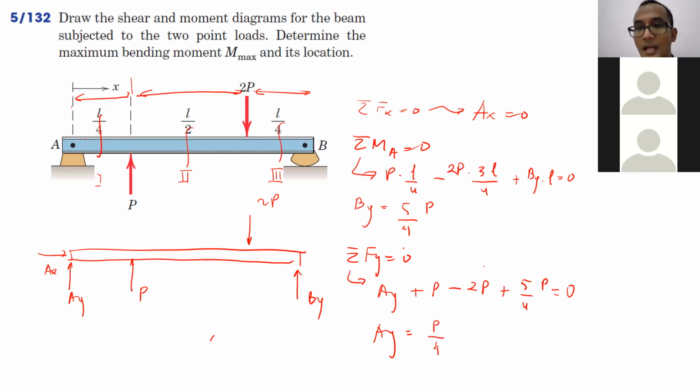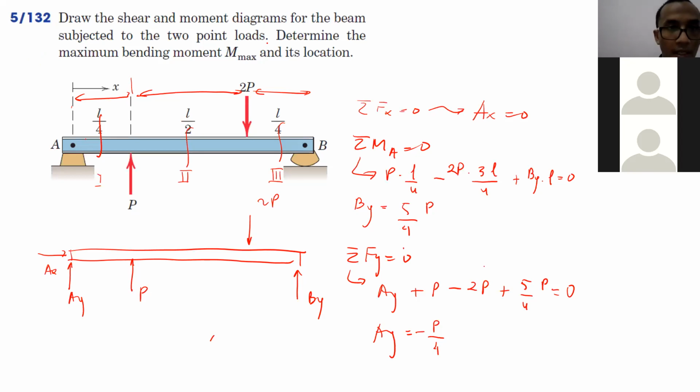P over 4. Positive or negative here? This one is minus P... Oh, it's supposed to be minus, right? Yeah, negative P over 4. Okay, so now we know all the forces which are happening there.